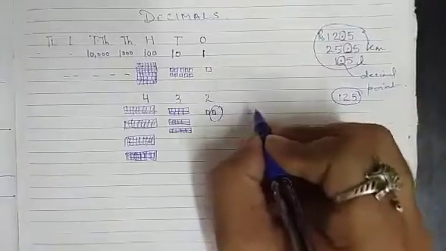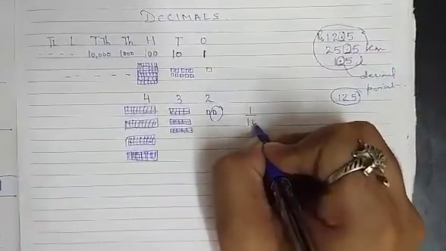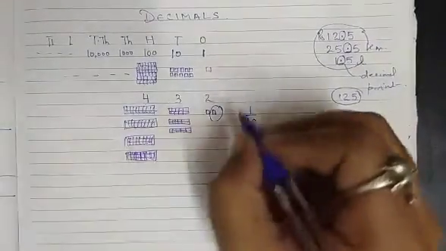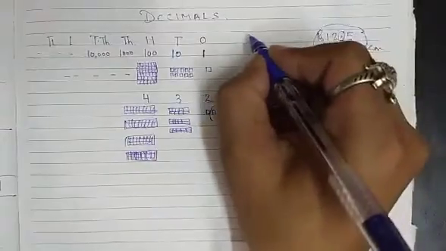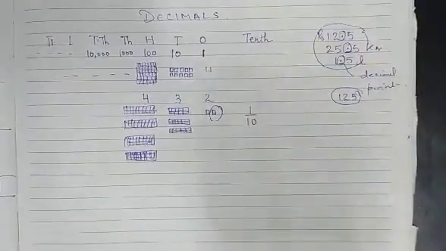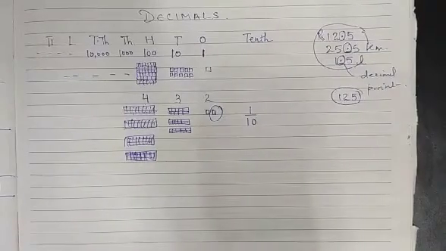parts, then we can write it as 1 upon 10, right? And the place value of this will become tenth. Clear?